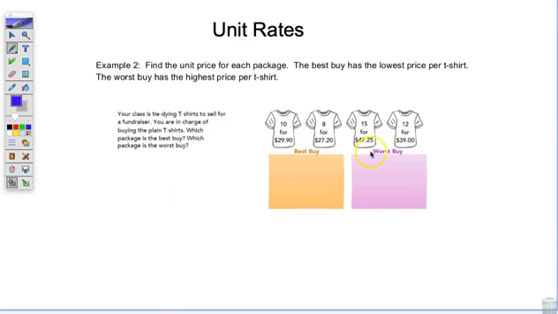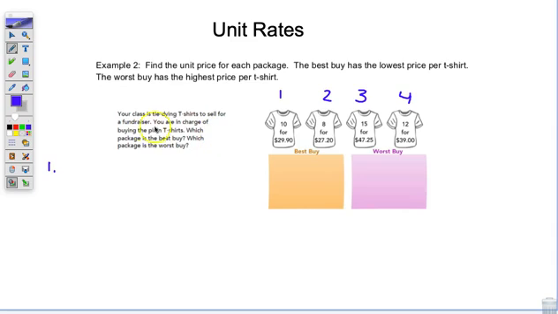So you can see we have 4 different choices here. So I'm going to label them as number 1, 2, 3, and 4. And we're going to create our calculations over here to the side and decide which is the least expensive, which would be the best buy, and which is the most expensive, which would be the worst buy.